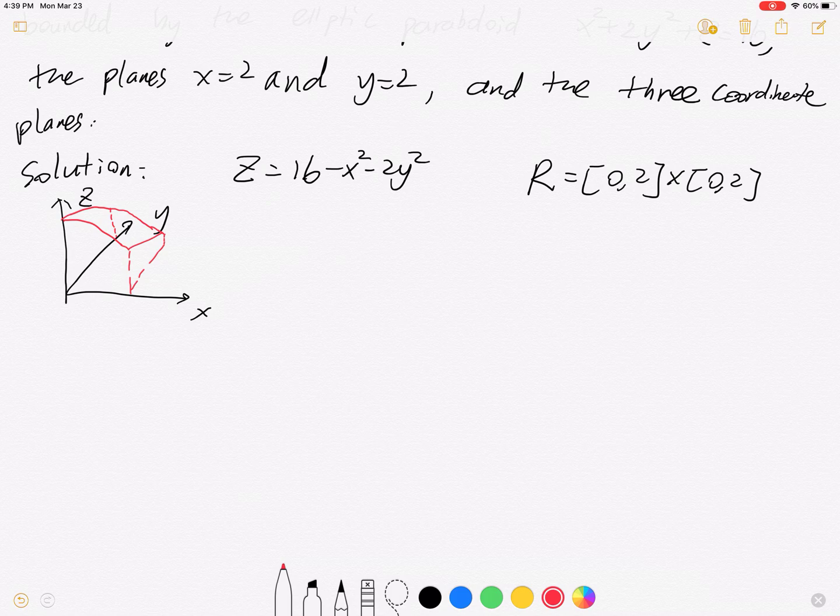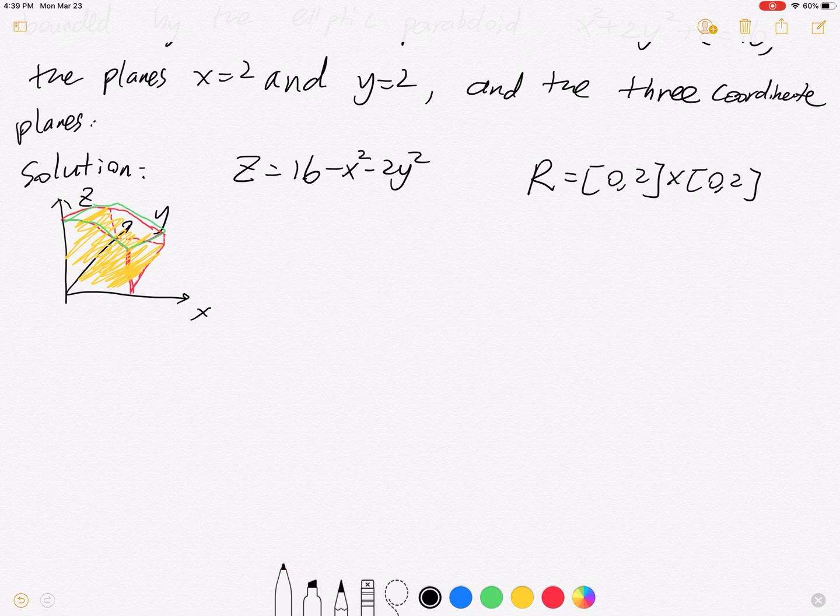This is the picture. Basically it looks like this, and you can check that this piece is strictly above the xy plane.